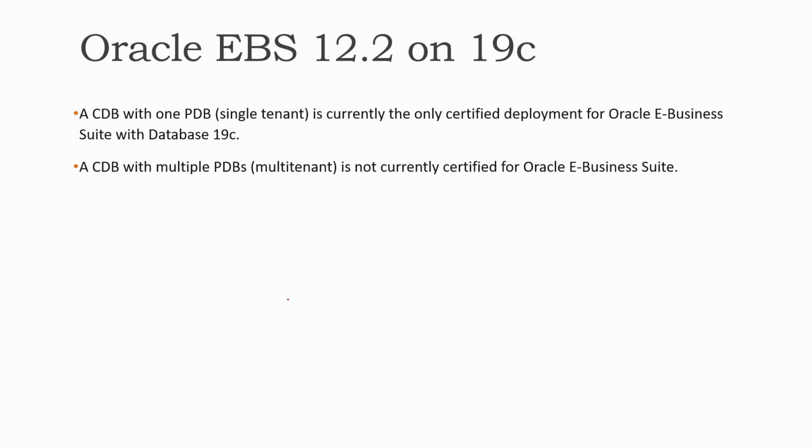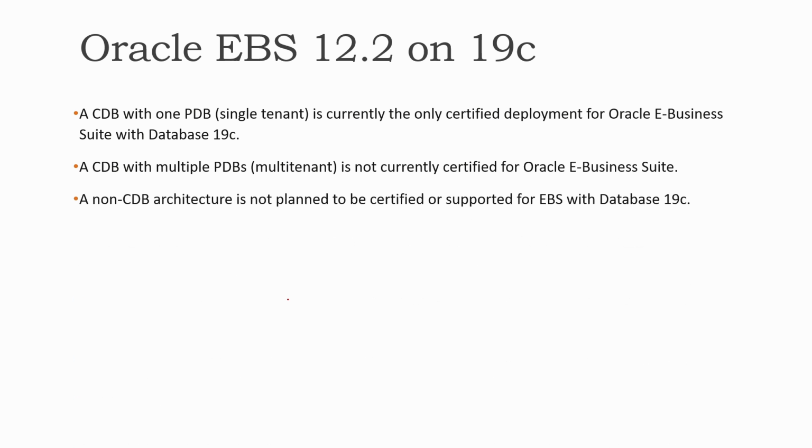So multiple PDBs are not yet certified with EBS. It is not planned to be certified or supported by Oracle with 19c, right? And in 19c, a non-CDB architecture is not planned to be certified. So you have to go to CDB, although you are not getting the exact PDB benefits.